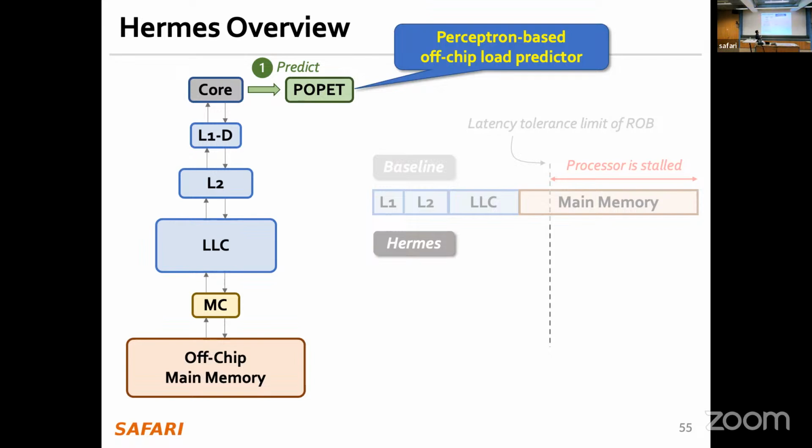If Hermes predicts that a request is likely to go off-chip, it would look up the L1 data cache. Why? Because there is a gap: you cannot directly access off-chip main memory using the address that the code generates.